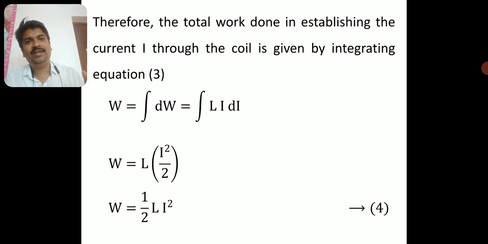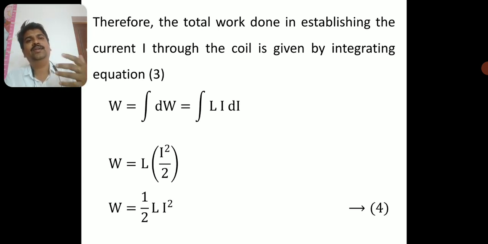I is the only variable, and L is a constant, the self-inductance, so I can take L out of the integral. If I integrate i di, it will be I square by 2. So W is equal to L into I square by 2, which I can rearrange and write as W equal to half L I square.